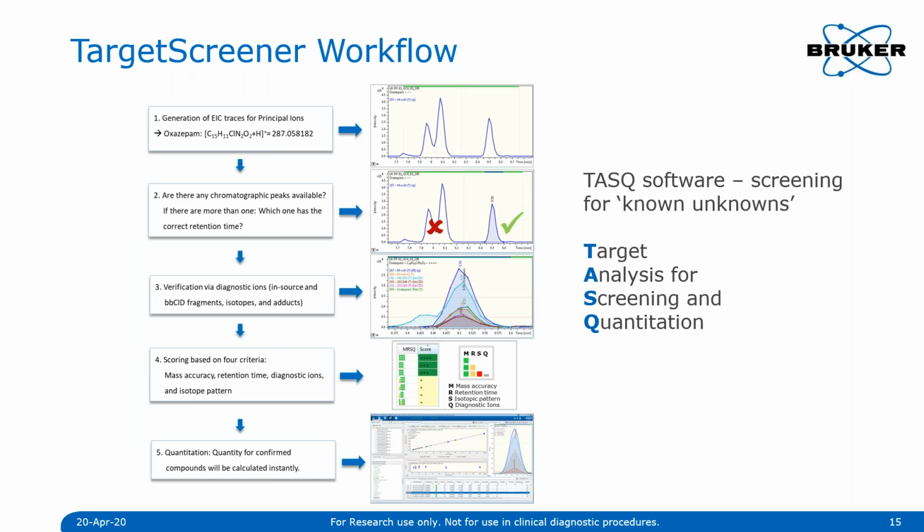If a match is found, the system checks for presence of diagnostic ions listed in the database for the given compound. Finally, the identification scoring is based on 4 criteria, namely mass accuracy, the retention time, diagnostic ions such as fragments and alternative ionization patterns, and the isotopic pattern.